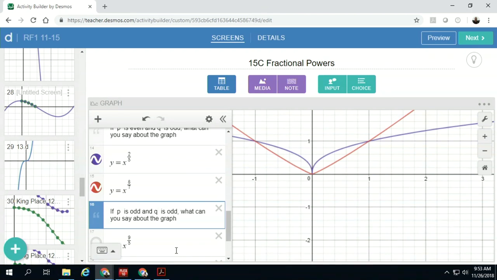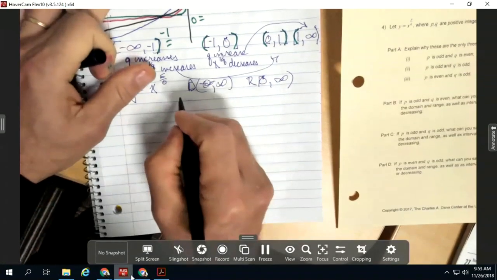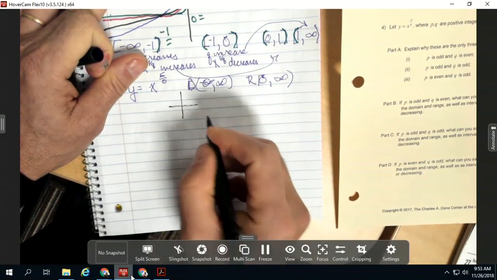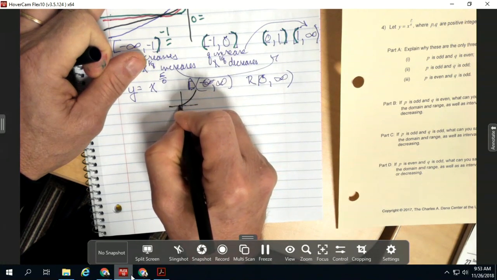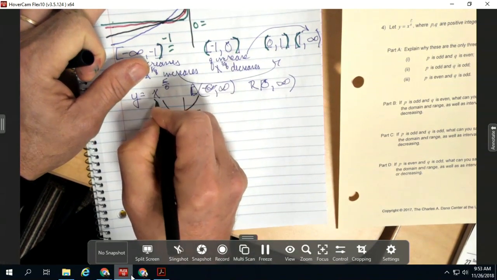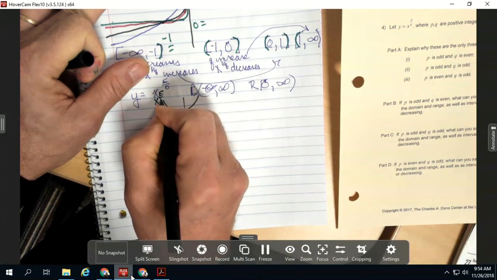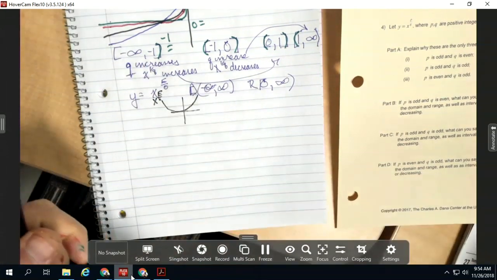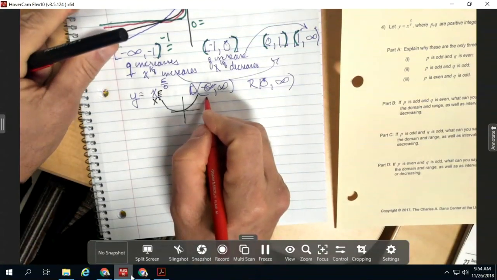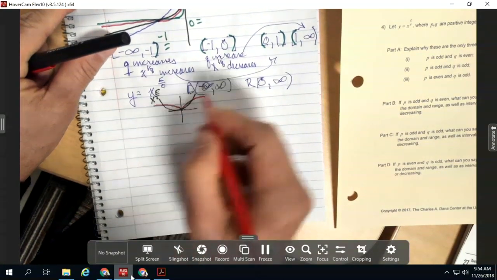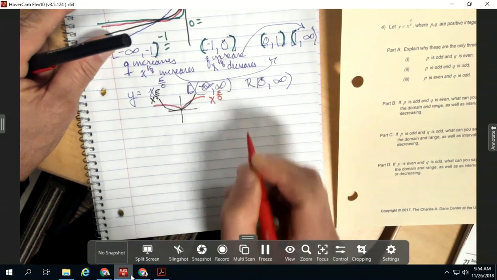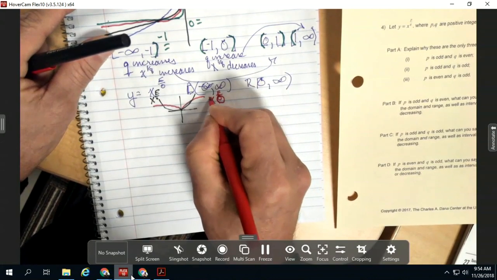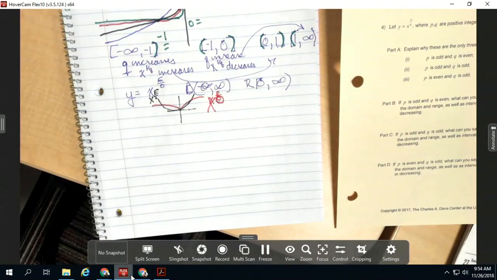I'm going to put a sketch onto my paper also. This is if the even number is bigger than the odd number. This is if the even number is smaller than the odd number.